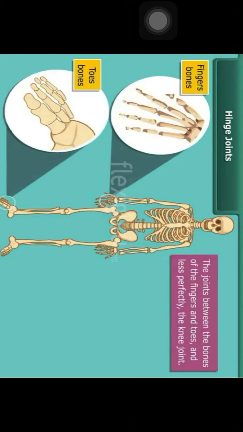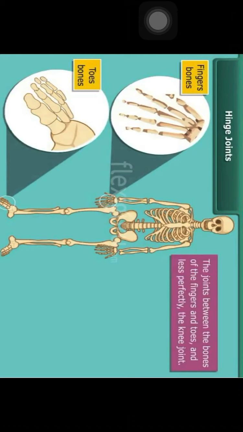The hinge joint allows movement in only one direction. If you move your elbow, you can only bend it in one direction. You cannot bend it in the opposite direction. So it only allows movement in one direction.